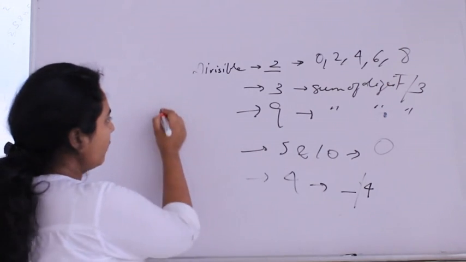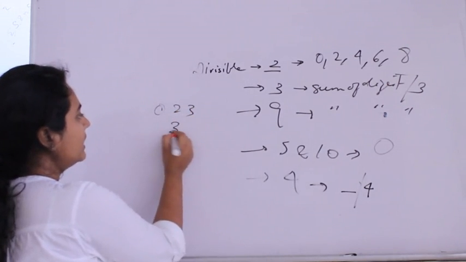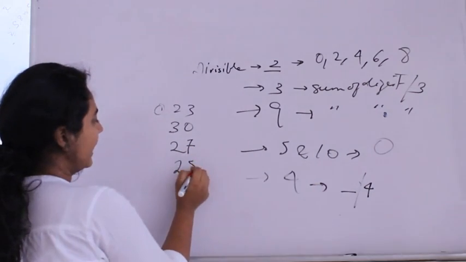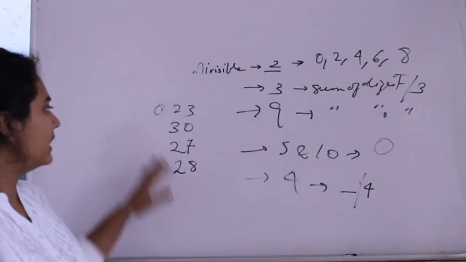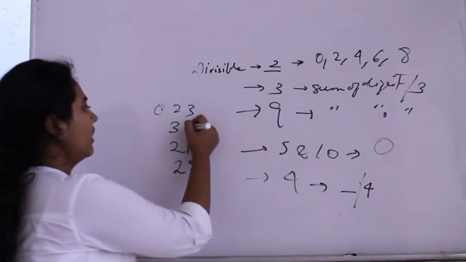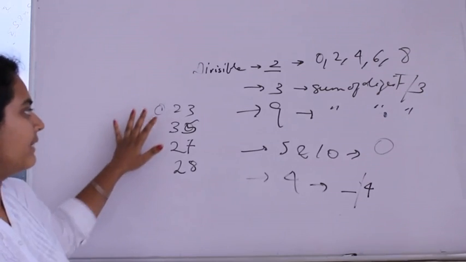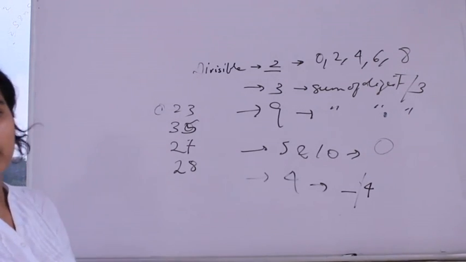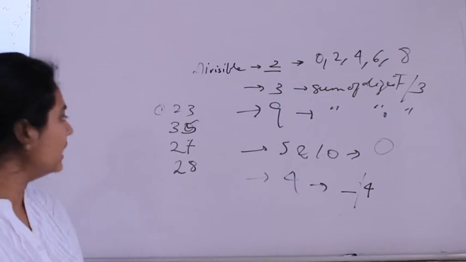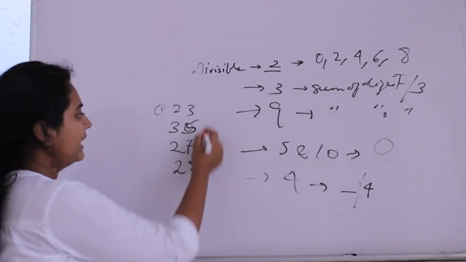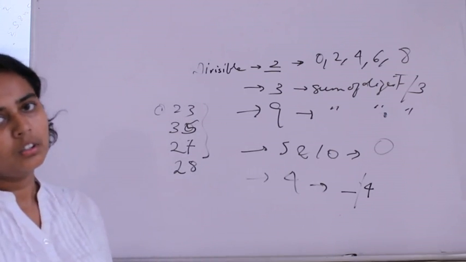Like I gave the options of 23, 30, 27, 28. Now in this, if they ask, I change it to 35. Now you have to check which of them is an even number and which of them is then divisible by 4 or 3. Now in this you find that these 3 numbers are not even.